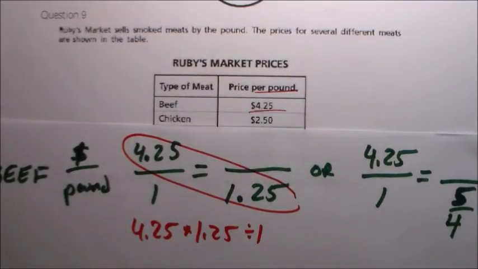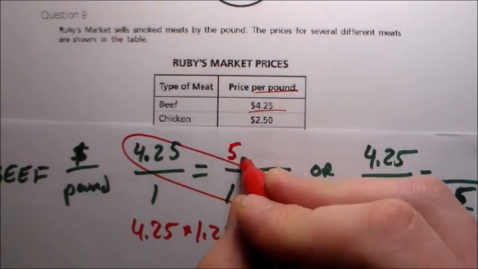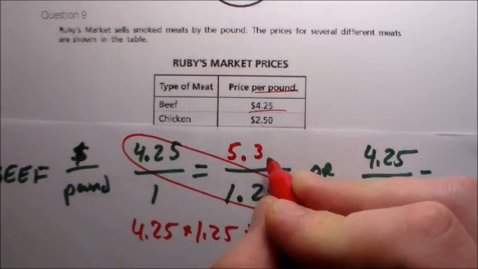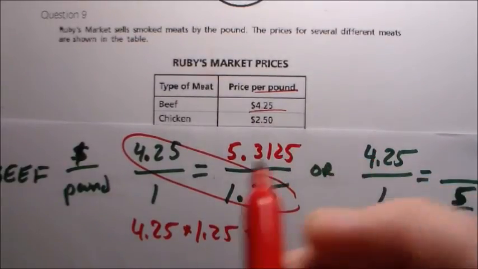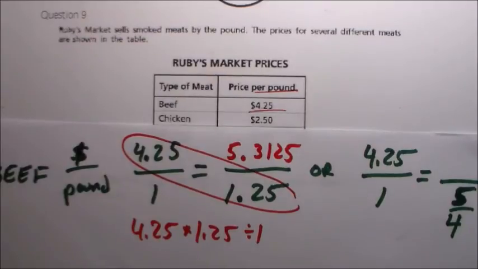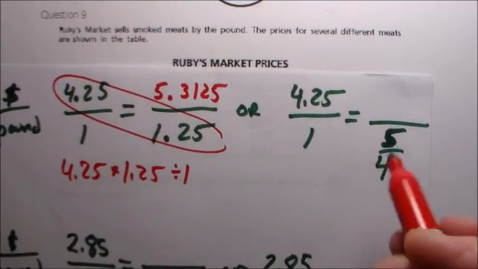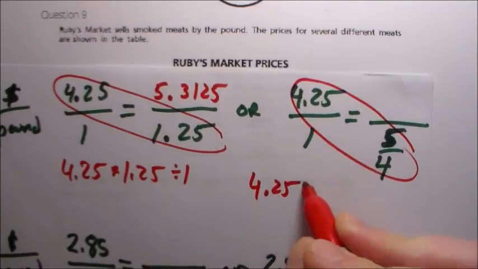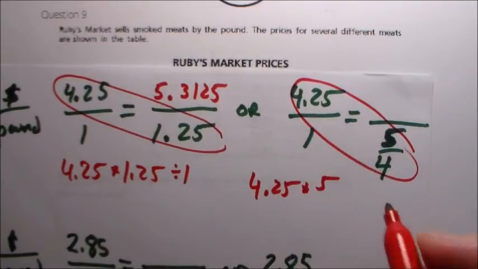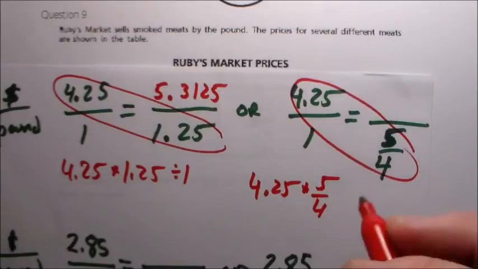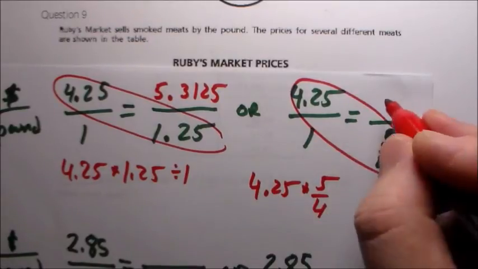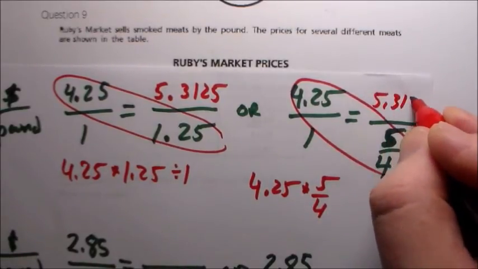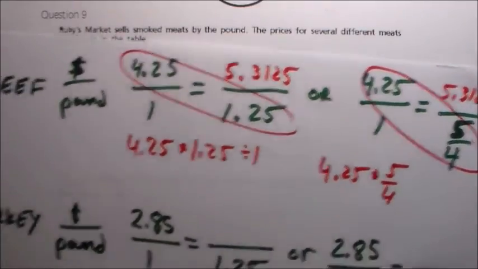Plug that into your calculator and you're going to get $5.3125. We can't round yet. Or if you want to do it the other way, you would again just cross multiply: 4.25 times 5 divided by 4. You're going to get the same number. Okay, next one.